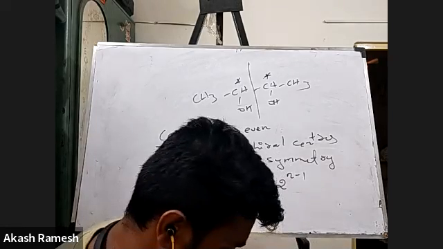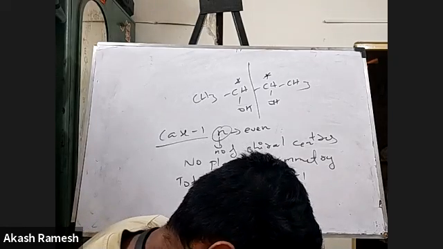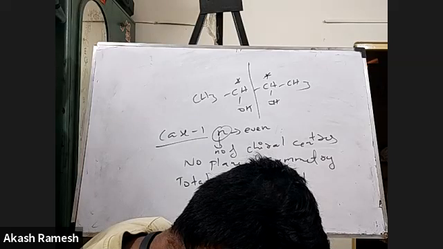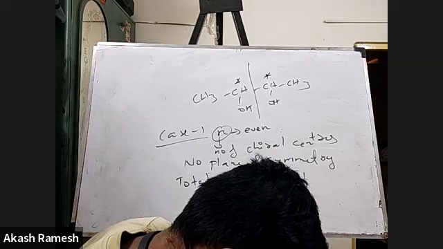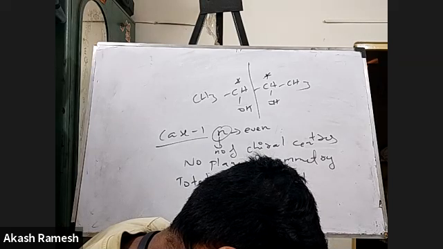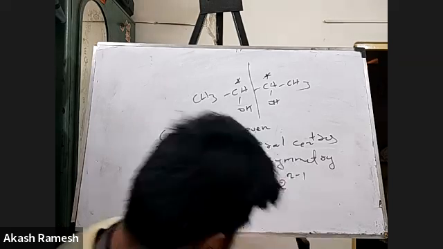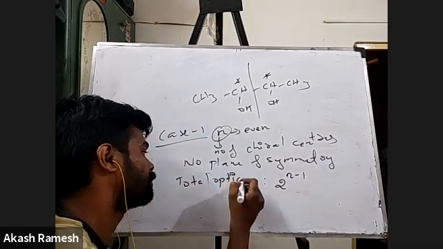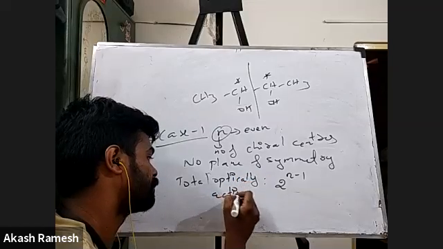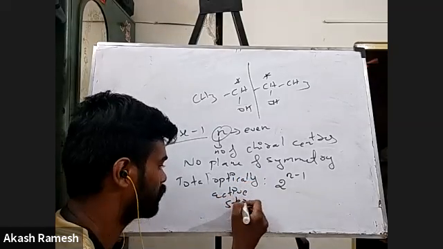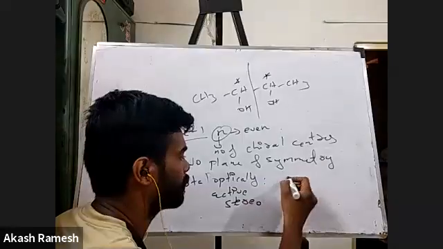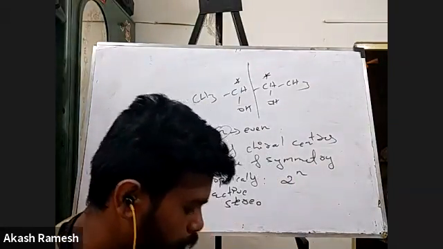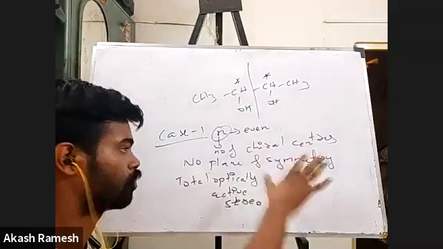So case 1, we can write it like: the number of optically active stereoisomers would be 2 power n, and the number of mesomers would definitely be 0, because there is no planar symmetry.